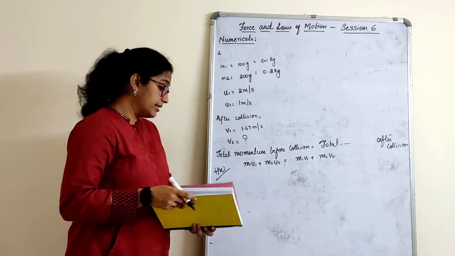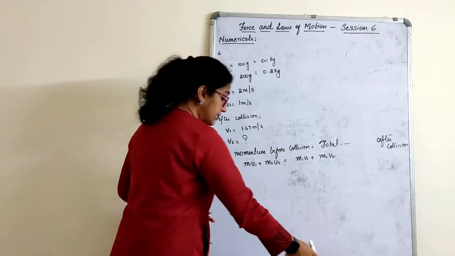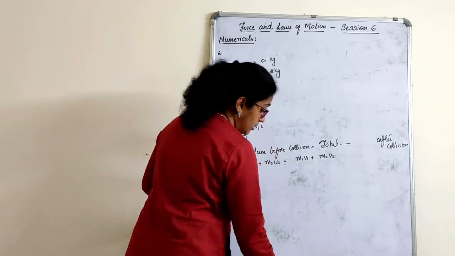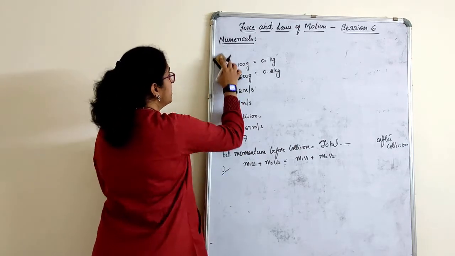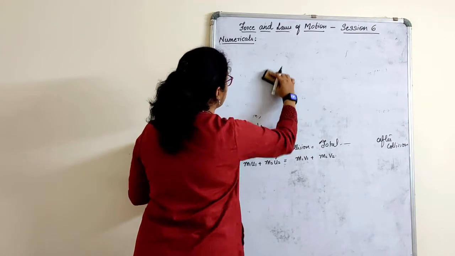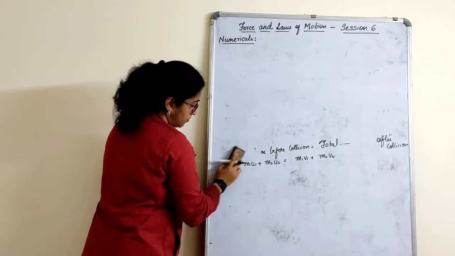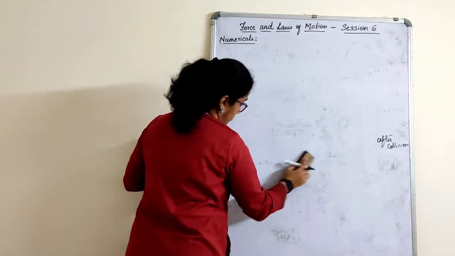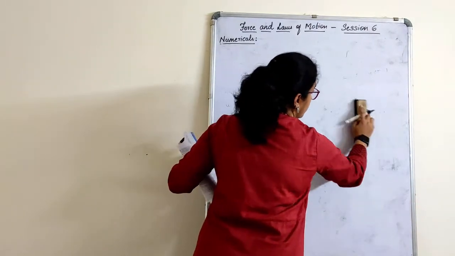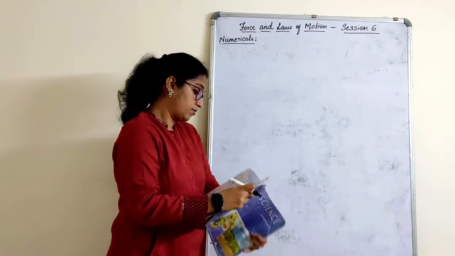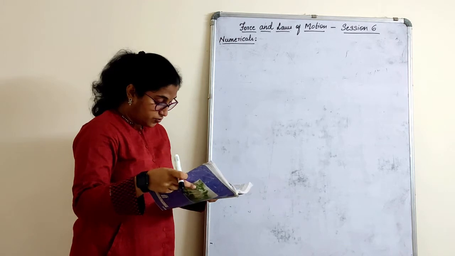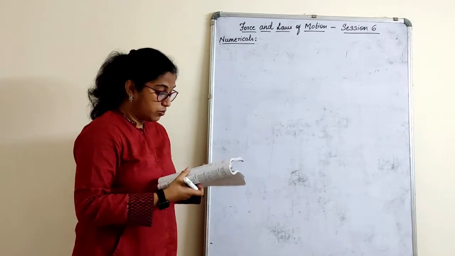So now I'll start with the worked examples which are given in the textbook. Then after we complete the worked examples, we'll go with the exercise. The first worked example is on page number 120.